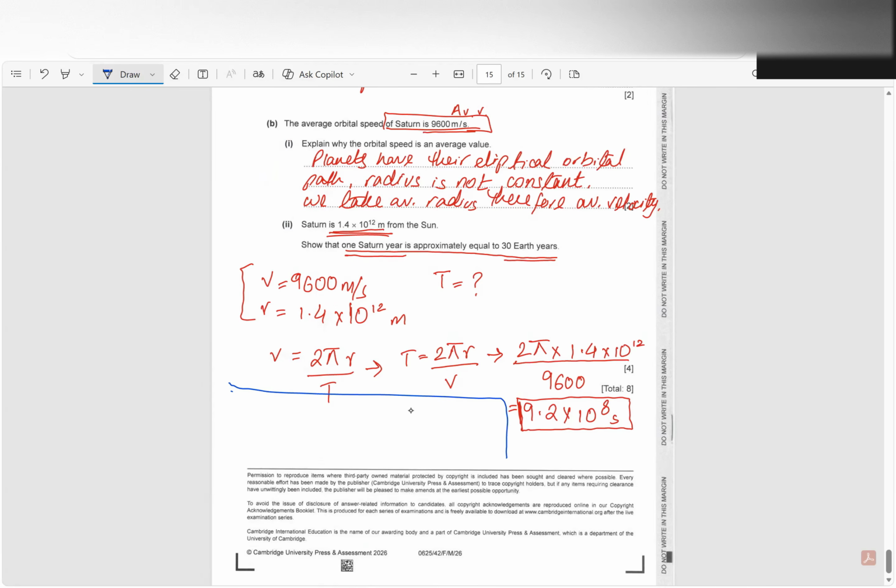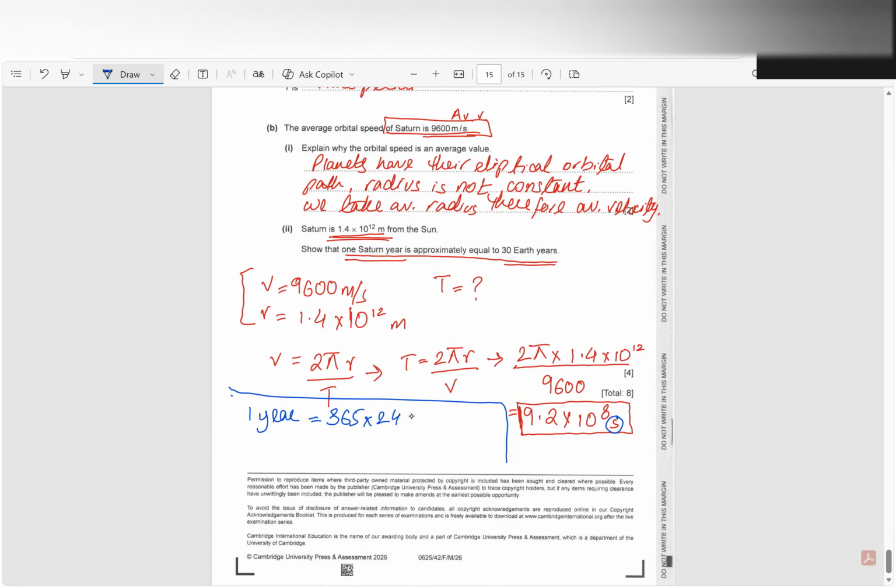We're going to say if we have to compare with an Earth year, one Earth year is equal to 365 days. Since we have to talk in terms of seconds, we multiply by 24 into 60 into 60.